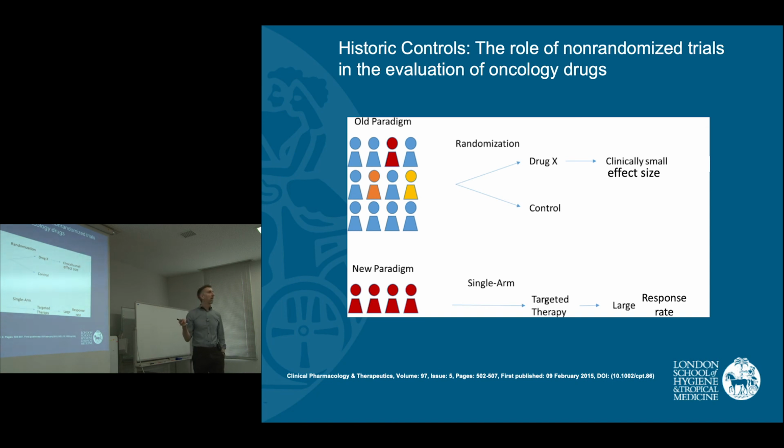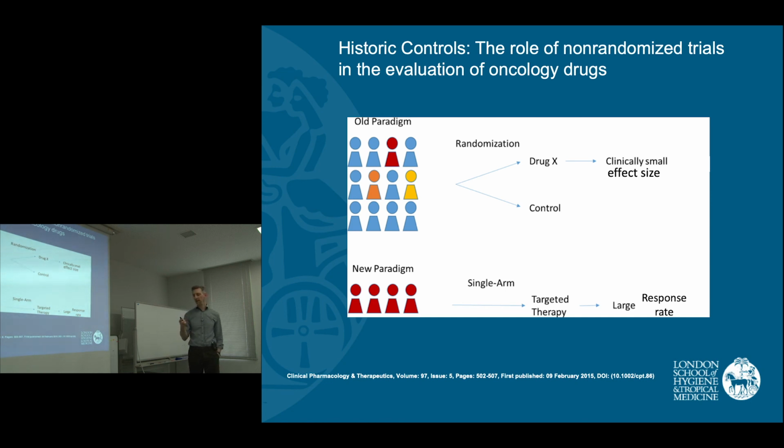If I do a standard randomised trial in everybody with the cancer, then the clinical effect size that I see will be small, because the drug's only going to be effective in a small subpopulation. Yeah? So I could do my big randomised trial, but it isn't going to be that useful.